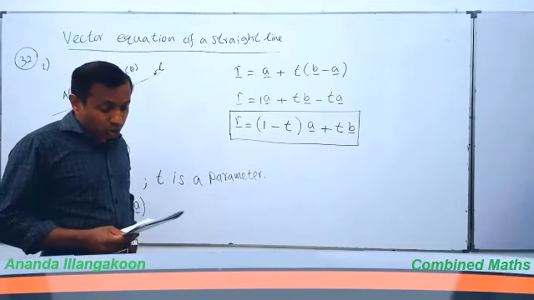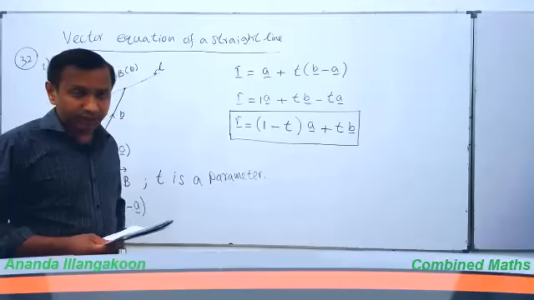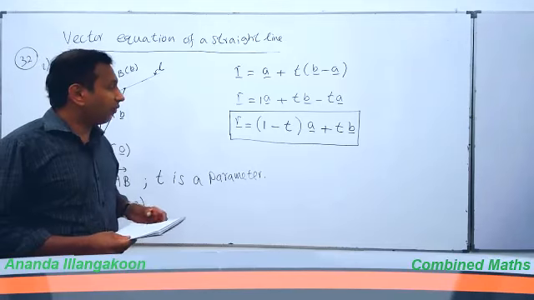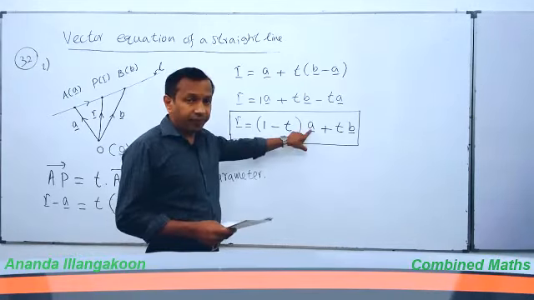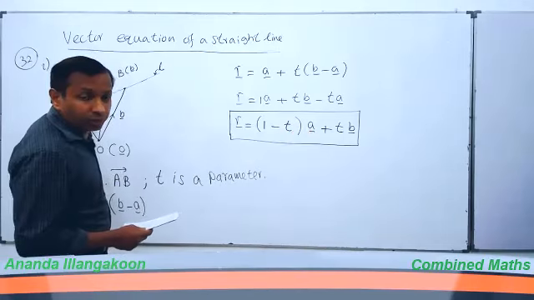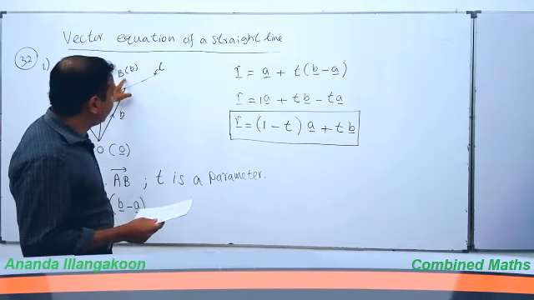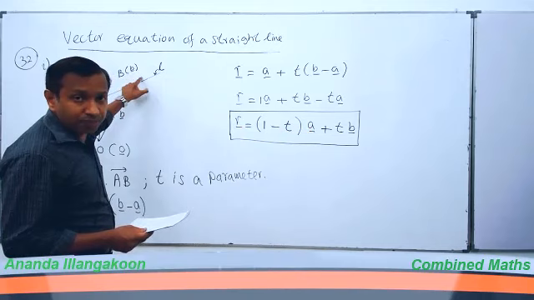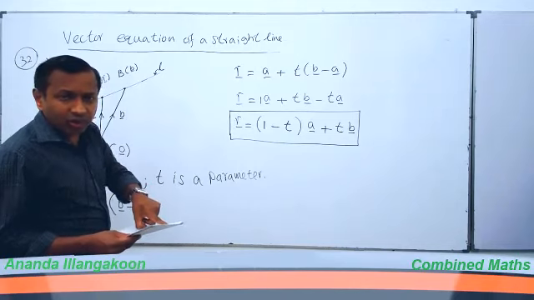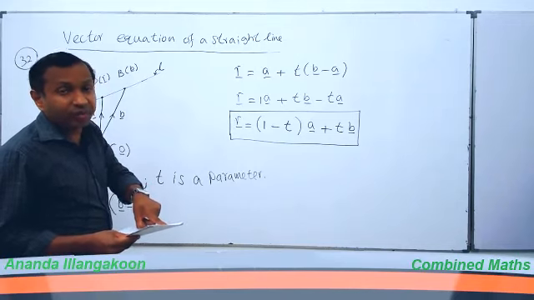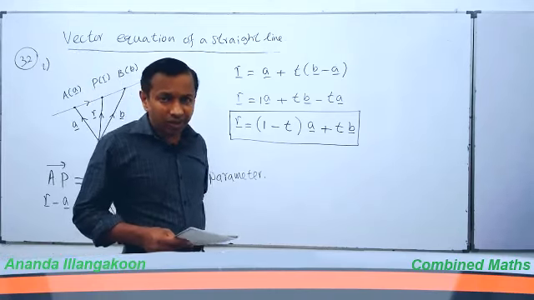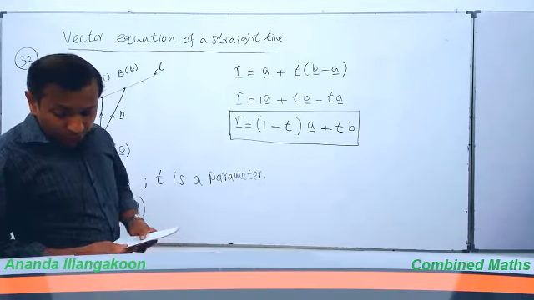What is given is to show that the position vector of any point on the line PQ is TP plus 1 minus T times Q. That means instead of A, we have Q. Once you take point A as Q with position vector Q and point B as P with position vector P, then this answer comes. So I am not going to work that out. It's the same thing: instead of AB, we use Q and P. Understood? So I ignore that. We'll go to the next part.